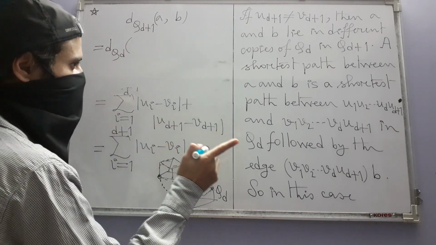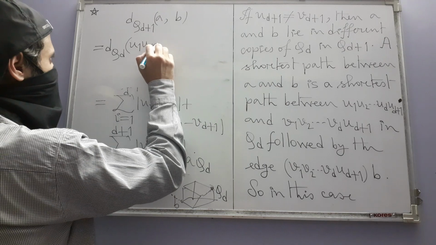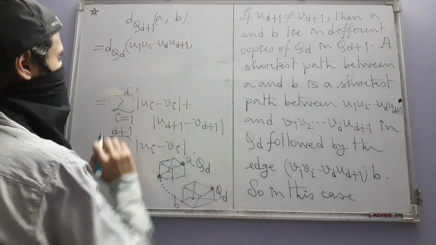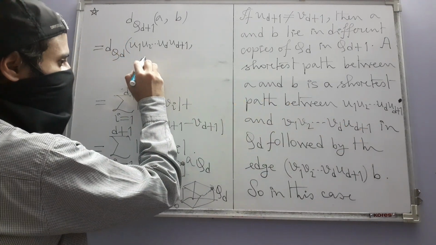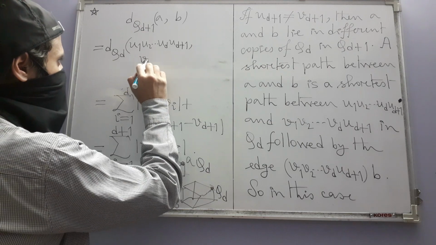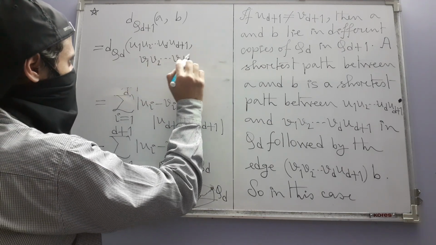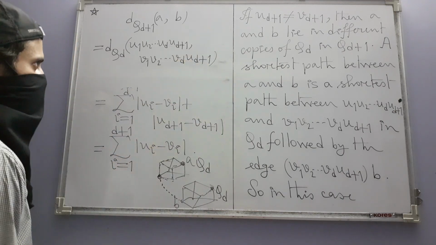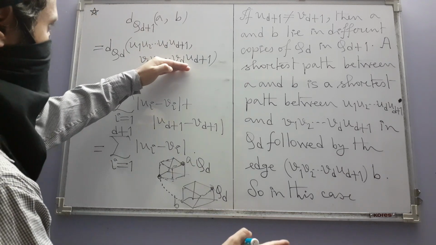So A is just that, u1, u2, ud plus 1, and this vertex v1, v2, vd, ud plus 1. Actually these are two elements in qd plus 1.